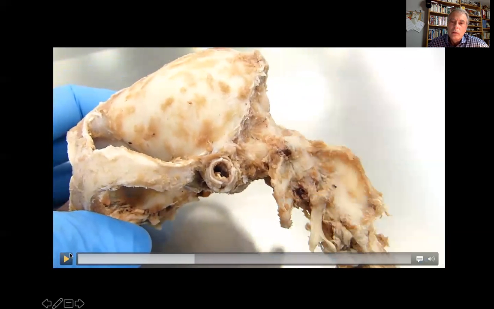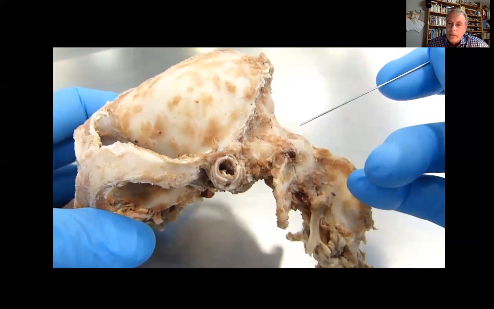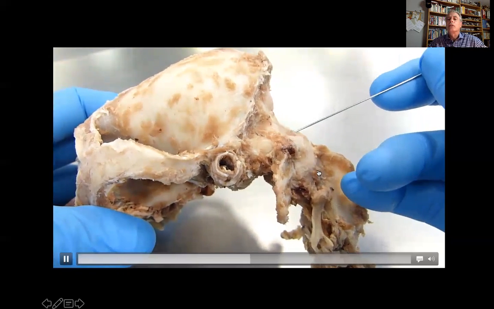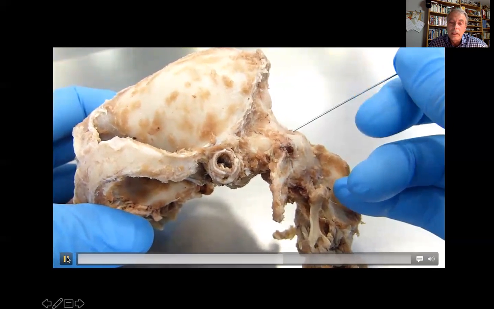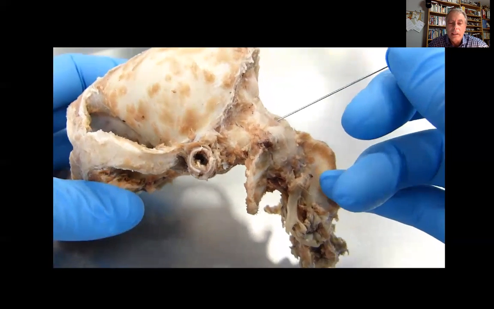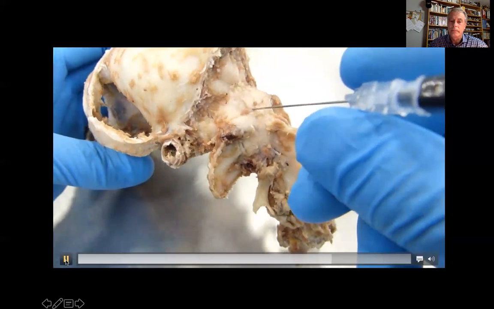So we are going to go through the occipito-atlanto membrane, through this membrane that runs between the occipital bone and the atlas. And sometimes, you know, it bleeds. And the question is, where is this blood coming from?